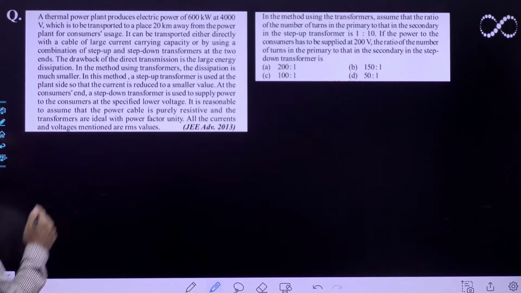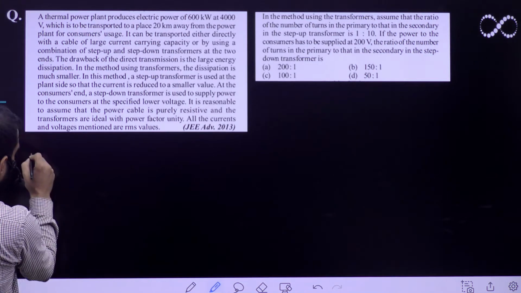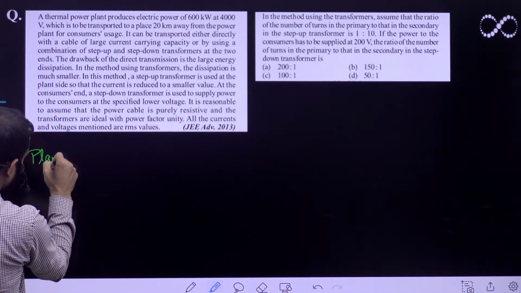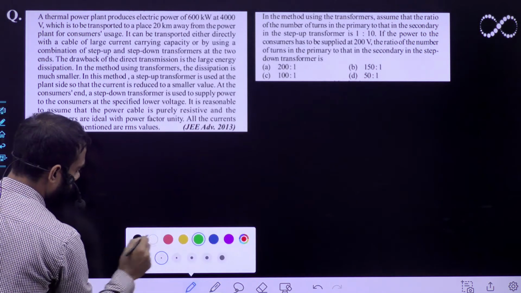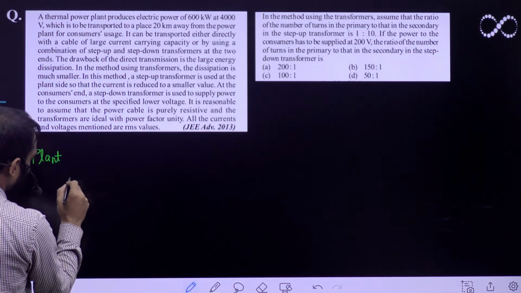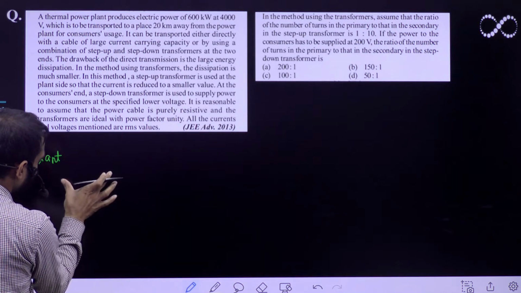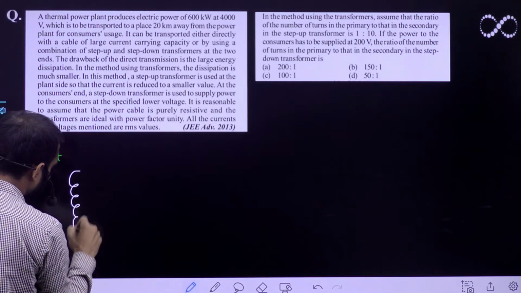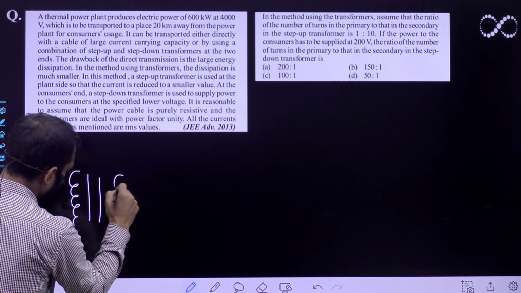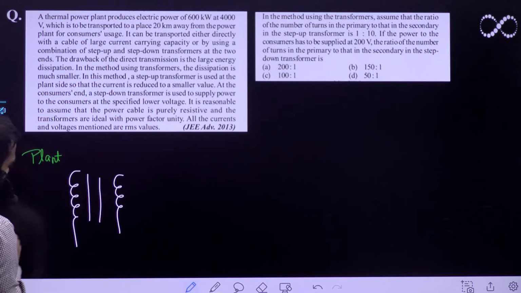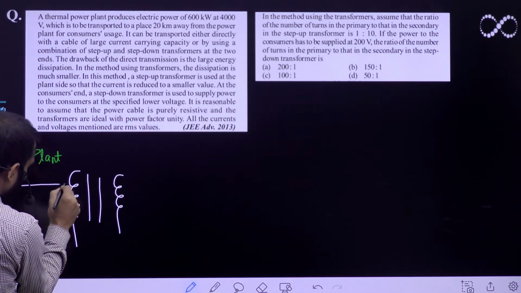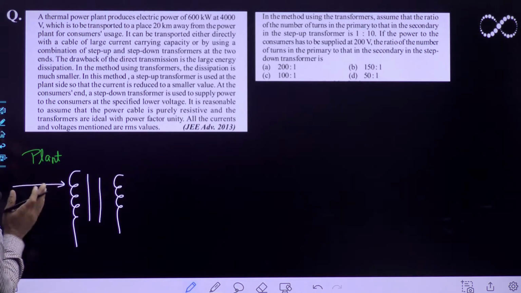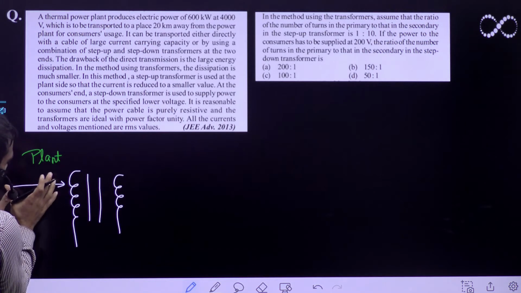So let us make the figure here first. Suppose here I am getting the plant. Here some energy is being produced, and here you will get the step up transformer. So let us make the step up transformer here. This is the primary and this is the secondary. Here it is the plant.